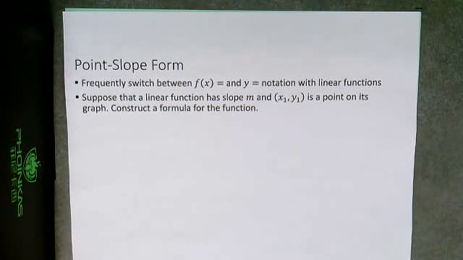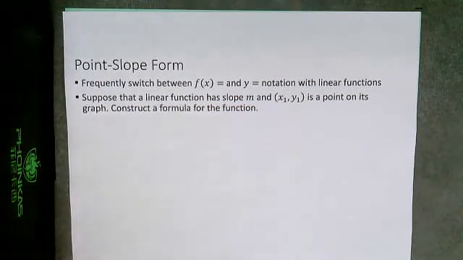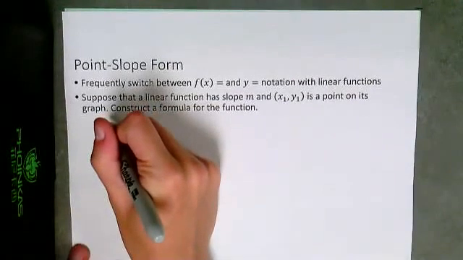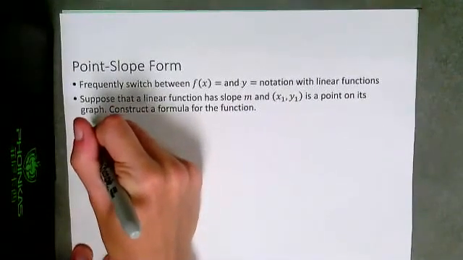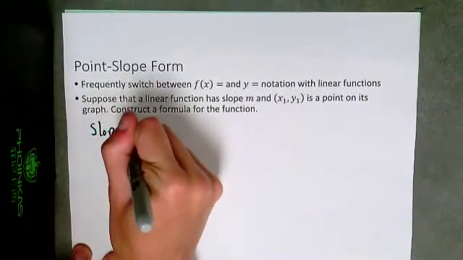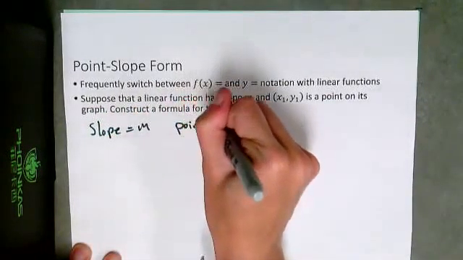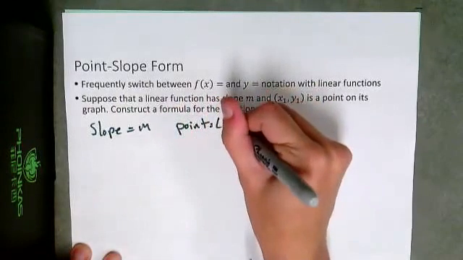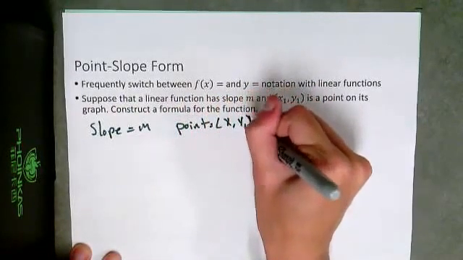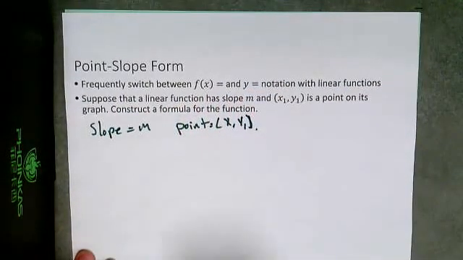Suppose that a linear function has slope m and x1, y1 is a point on its graph. Construct a formula for the function, right? So we're given that slope is equal to m, and we have a point on the graph x1, y1.